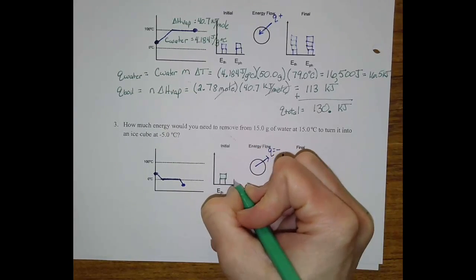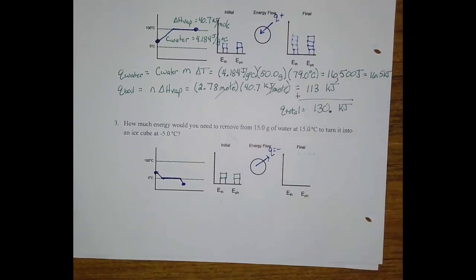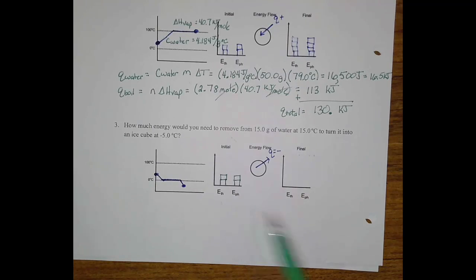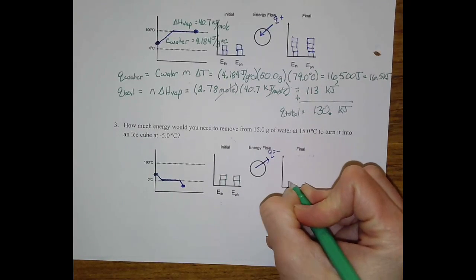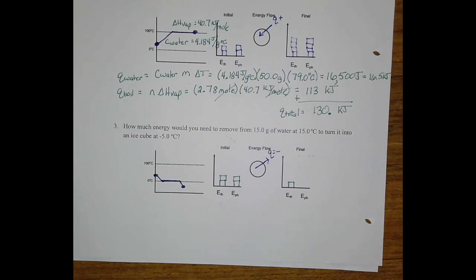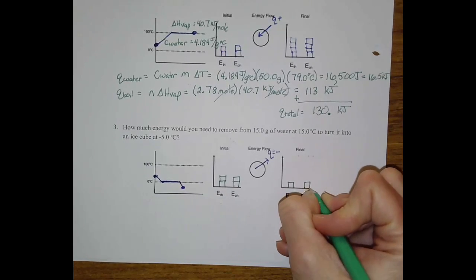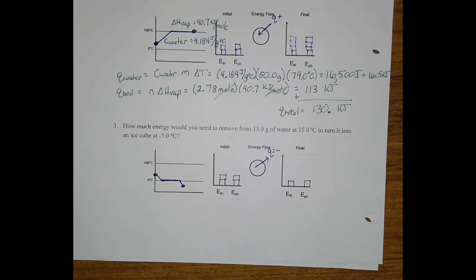I'm starting with a not very warm liquid, so a little bit in the thermal account and two bars in the phase account. I'm finishing with less energy in my thermal account and less energy in my phase account. So we've got an overall outflow of energy.